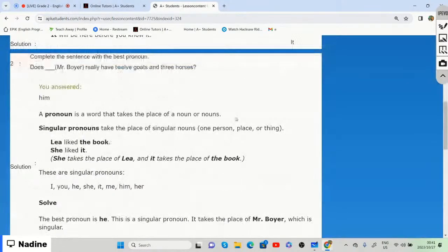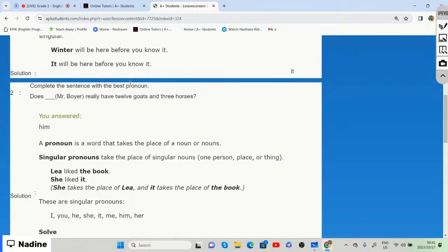Does Mr. Boyer really have 12 goats and 3 horses? So does he, or does Mr. Boyer really have 12 goats and 3 horses?